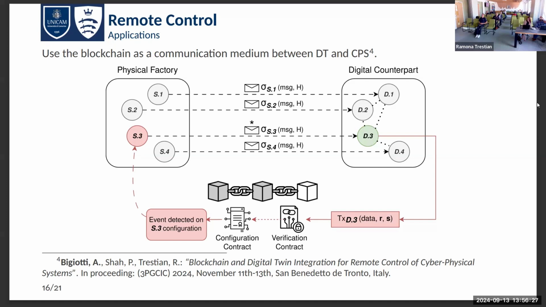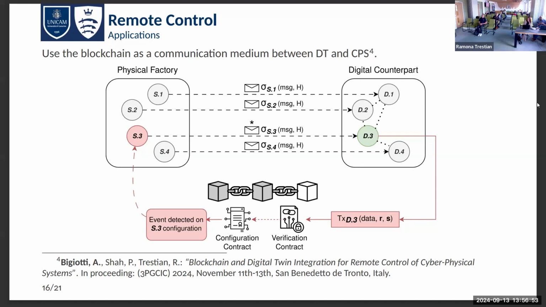And if this kind of event is detected by the physical system, it means that the event cannot be tampered with because it's the output of the blockchain computation. So there is no way to alter it, because every party is able to detect that event, since it is accessible by every part of the digital twin.